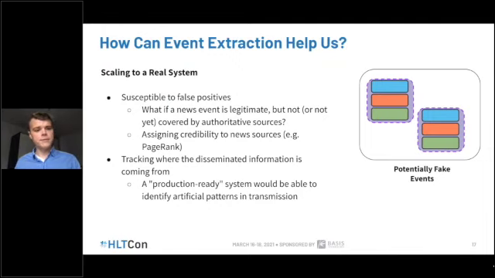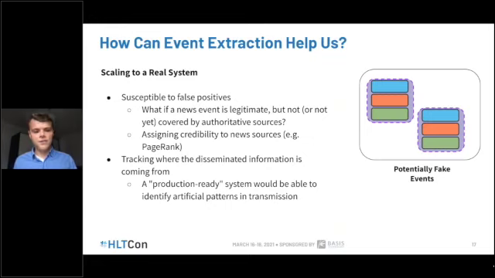However, are they all fake? Probably not. If you were trying to scale this into a real system, one challenge you would find is that it is susceptible to false positives. Because conceivably, you could have an event which transpired but just hasn't been picked up by your authoritative news source yet.